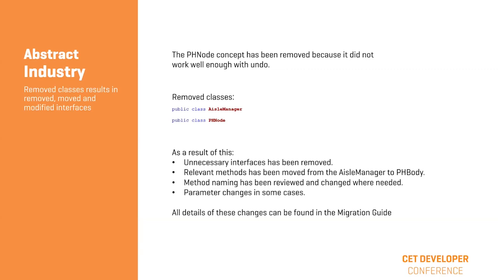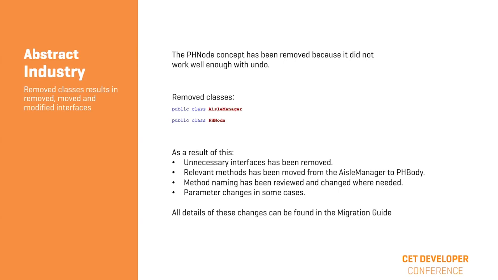The aisle manager contained quite a lot of methods that are still vital, but most of these necessary methods have been moved to pH body instead, and the pH node is completely removed. So as a result, the unnecessary interfaces have been removed. All the relevant methods have been moved from aisle manager to the pH body.